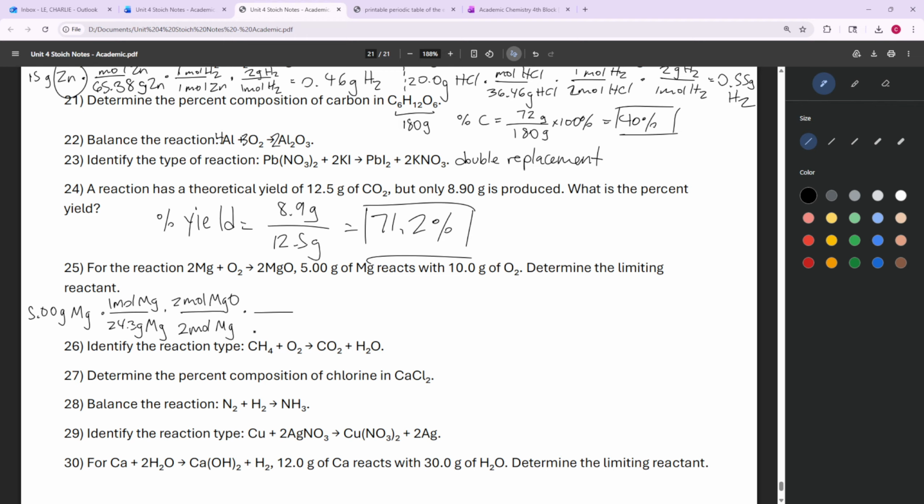And finally, for every mole of magnesium oxide, we get 40.3 grams of magnesium oxide, equal to 5 divided by 24.3 times 40.3 is 8.3 grams of magnesium oxide.